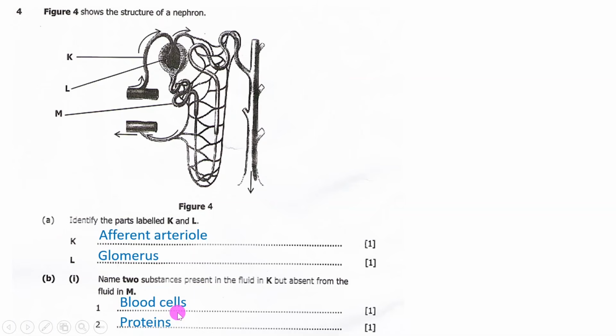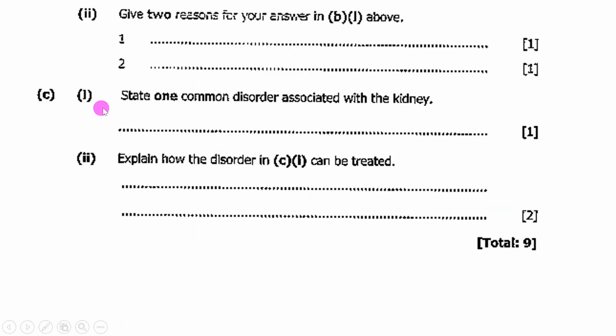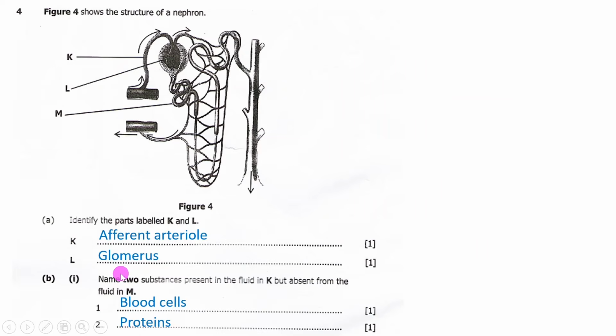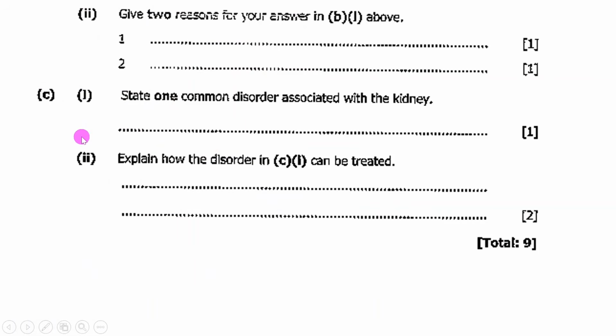Proteins are present in K but not present in M. Then part 2 says give two reasons for your answer in B part 1 above.